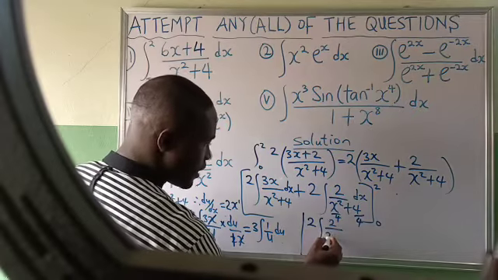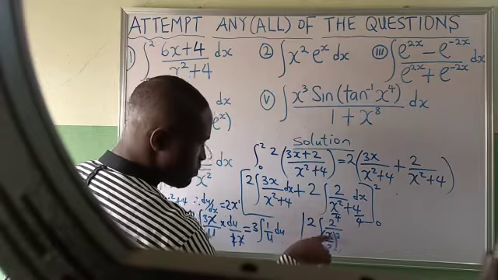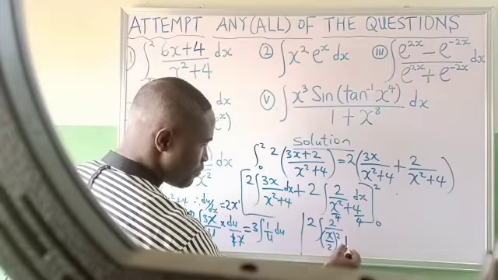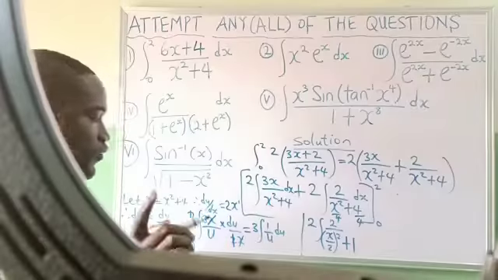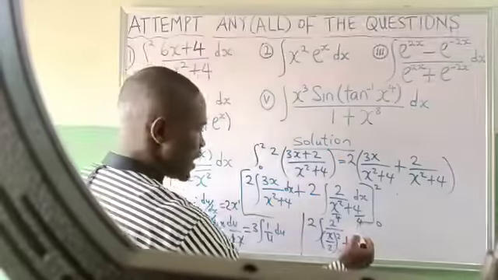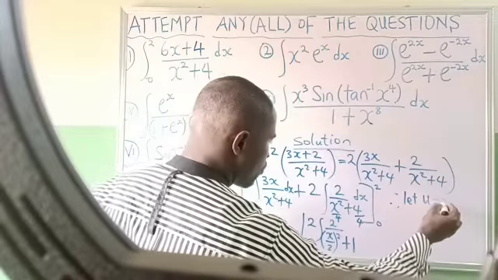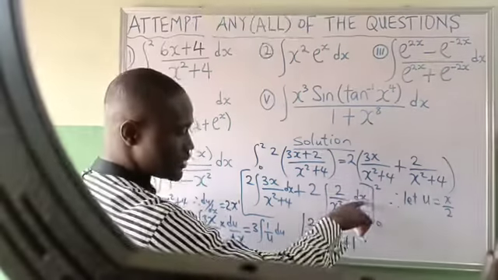I'll be having (x over 2) all squared, because x squared is x squared, 2 squared is 4, plus 4 over 4 is 1. That is taking us to tan inverse of a function. Then let my u be equal to x over 2.